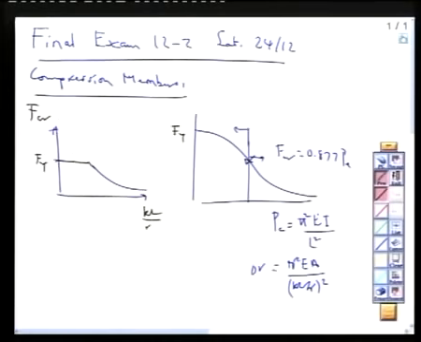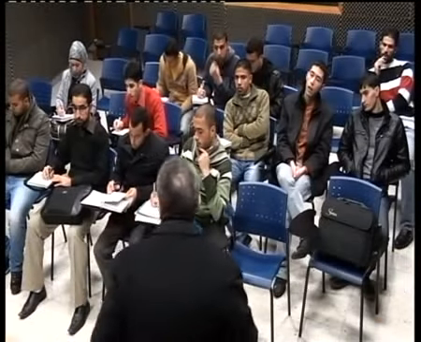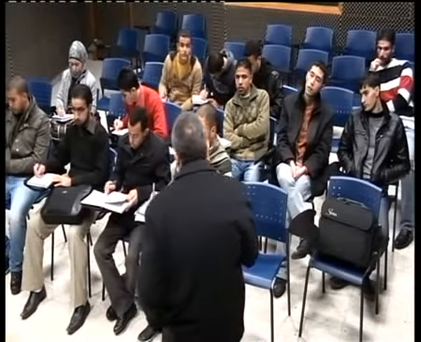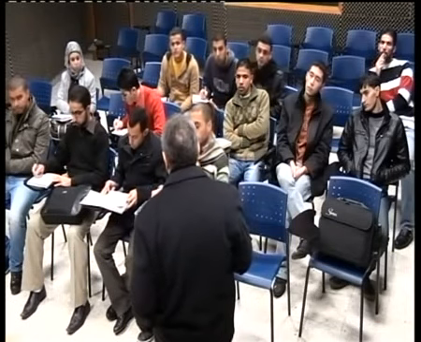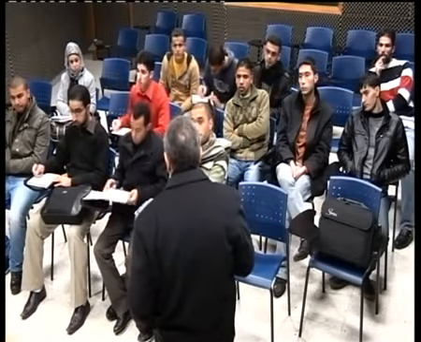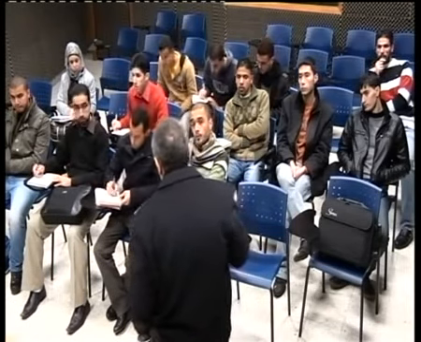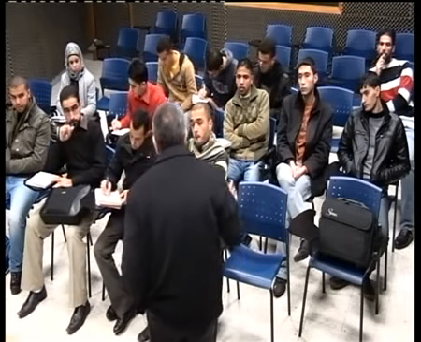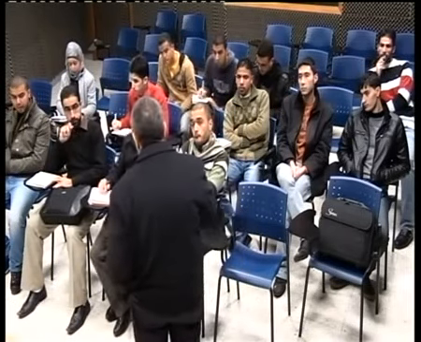Why? I told you that in the final, at least, we will ask questions about concepts. So every concept we explain throughout the class, you will be asked about in the final.